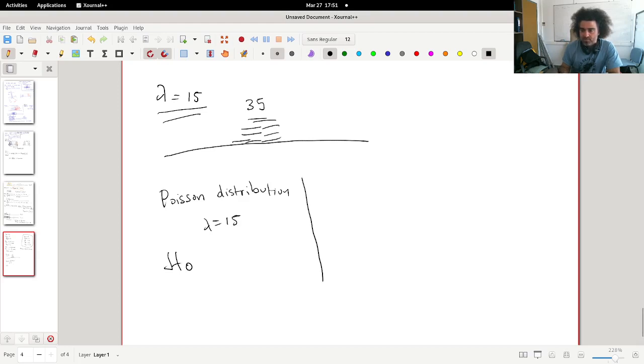Now let's see how easy it is to take 35 reads from such a process. The Poisson distribution, as you know, is a discrete distribution, and the average of this will be at 15. Then it will drop like that.